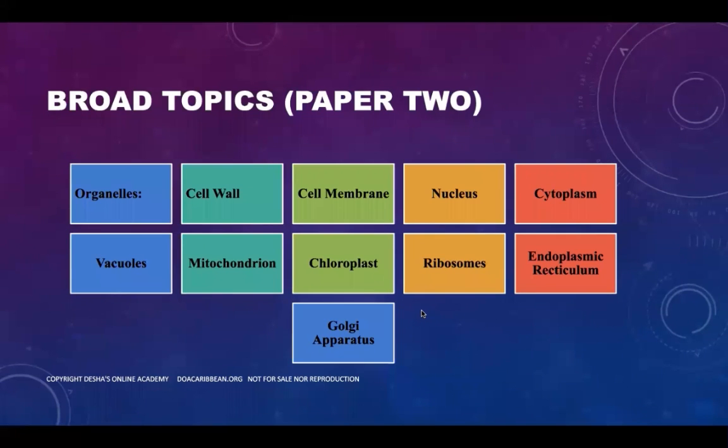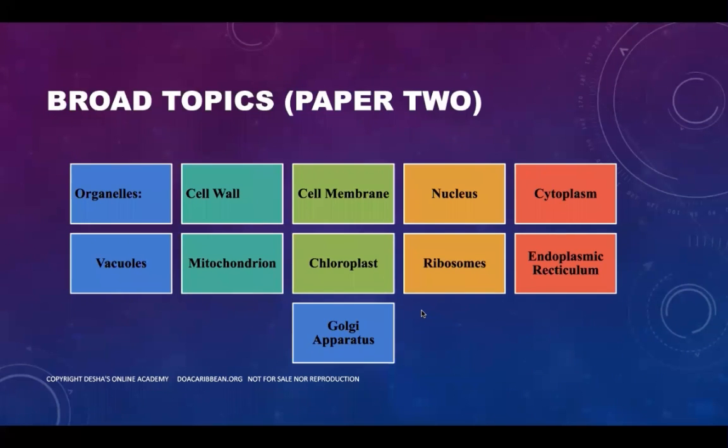Next, the endoplasmic reticulum. Mind you, you must be able to identify the two types of ER. There is the smooth endoplasmic reticulum and the rough endoplasmic reticulum. Why it's called the rough is because it has ribosomes on it. So therefore, the rough endoplasmic reticulum must be involved in the process of protein synthesis.